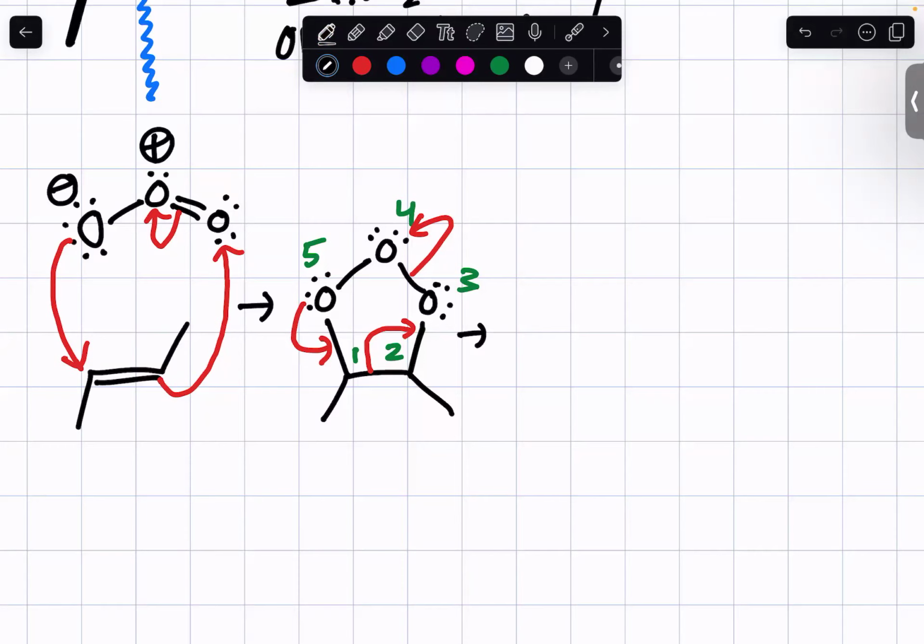Let's say we have that H O O positive charge, negative charge.